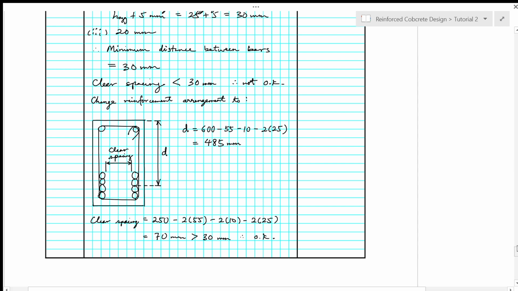But as your own exercise, please go through the calculation again using this effective depth of 485 mm. So if you arrange our steel bars this way, then the clear spacing becomes 70 mm. So it's greater than the limit of 30 mm as we have calculated before.